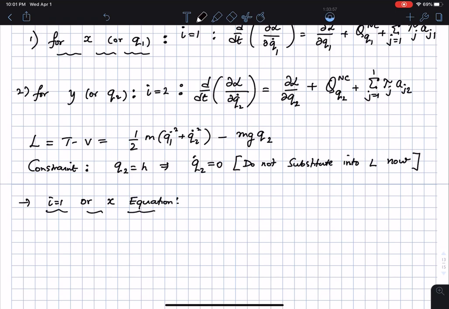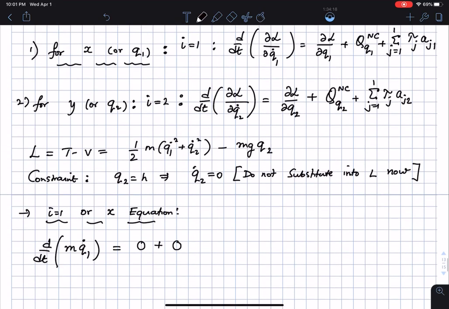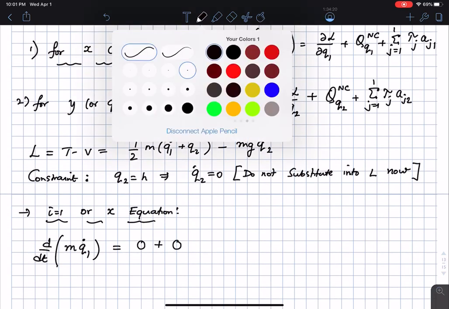If I do the differentiations, I have d by dt of dL by dq1 dot. There is only one term containing q1 dot, so this is going to be m times q1 dot. This is equal to dL by dq1. There are no terms containing q1, so 0, plus no terms containing the non-conservative forces, so I can cancel some of these.